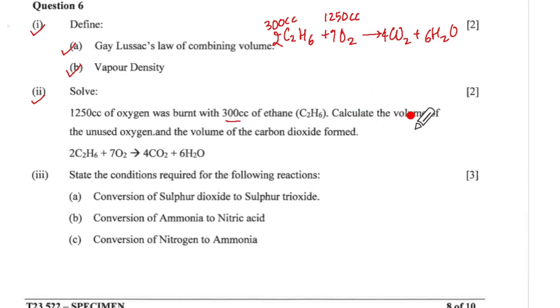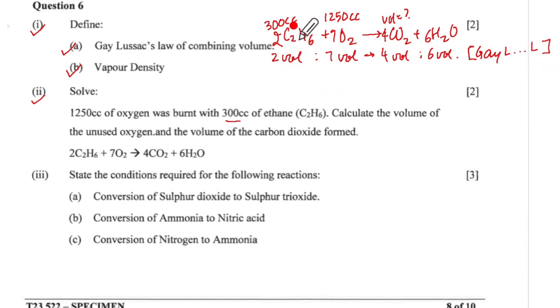We have to find the volume of unused oxygen and the volume of carbon dioxide formed as well. Okay, so here we will write 2 volumes is to 7 volumes gives here 4 means 4 volumes is to 6 volumes, and this is because of Gay-Lussac's law.